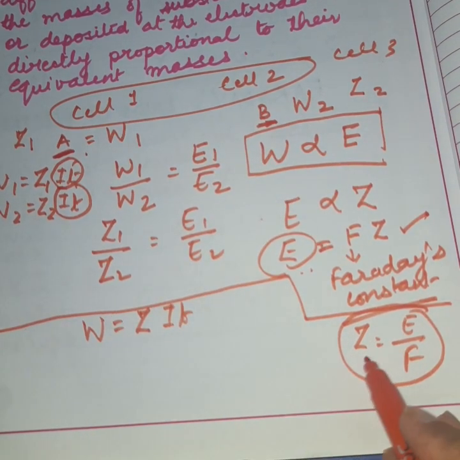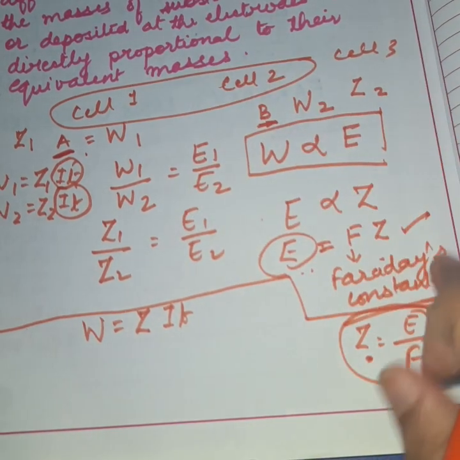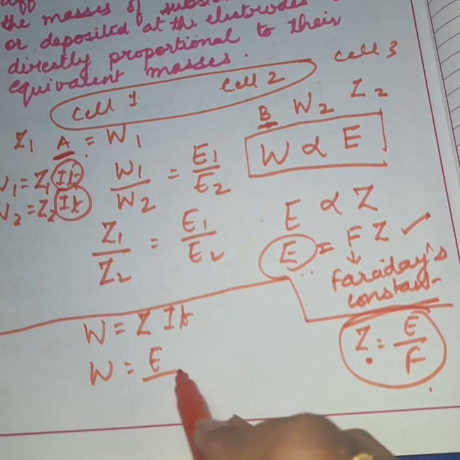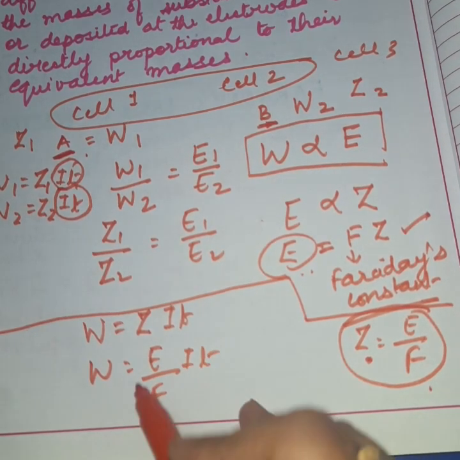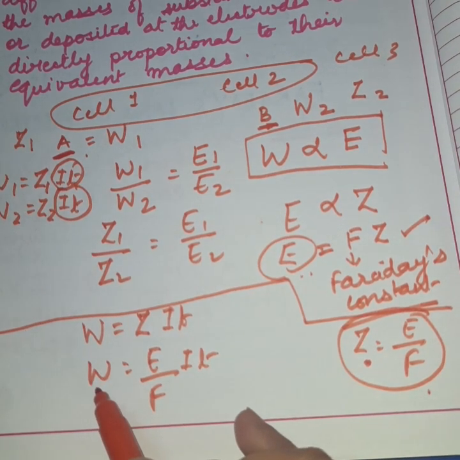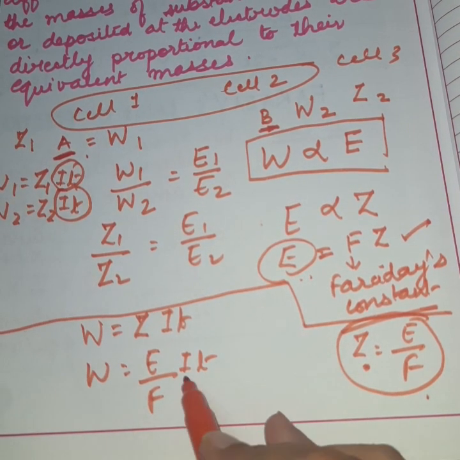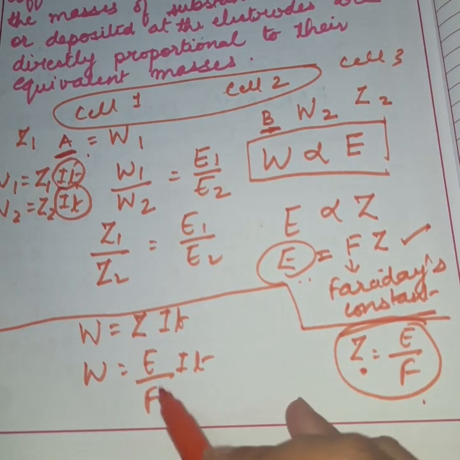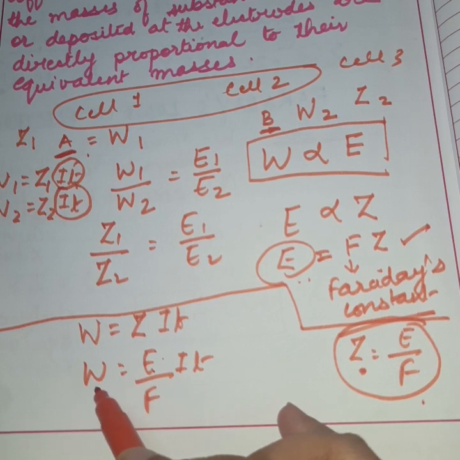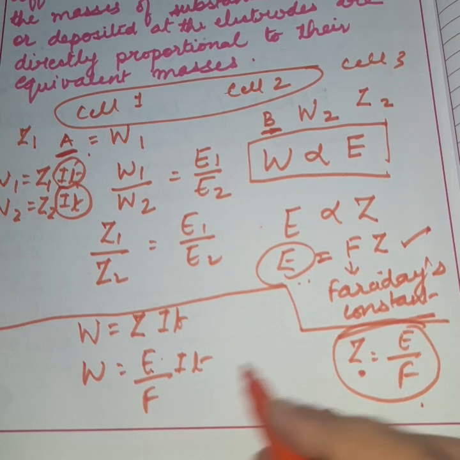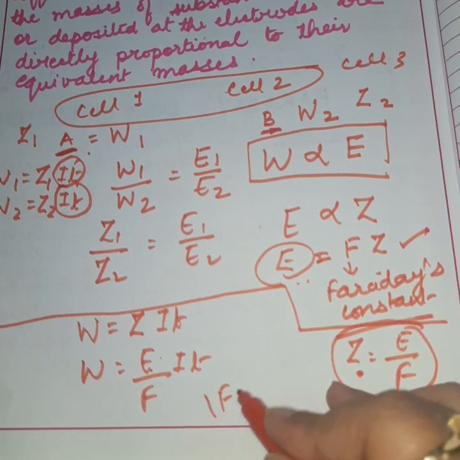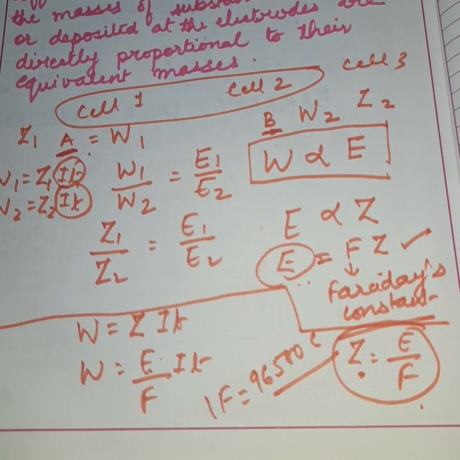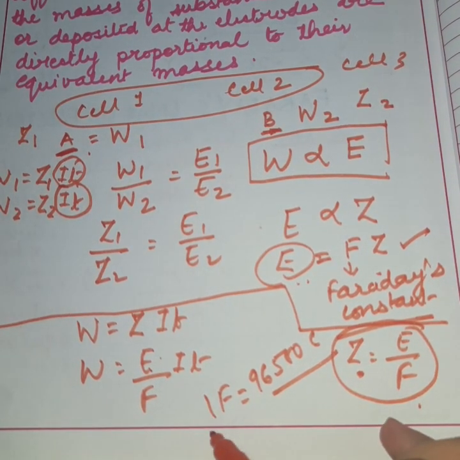On substituting the value of Z derived from the second law, I can write W is equal to E upon F times IT, where W is the mass of the substance deposited or liberated at a particular electrode, I is the current in amperes, T is the time, E is the equivalent mass of that substance, and F is Faraday's constant. 1 Faraday is equal to 96500 coulombs. Remember this in mind.